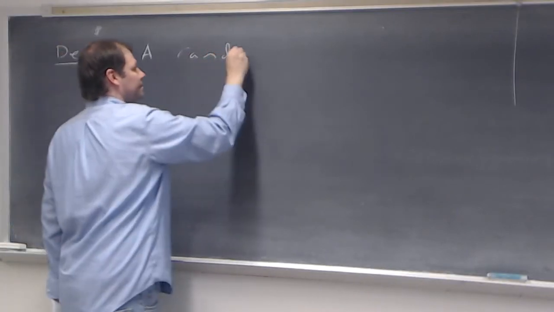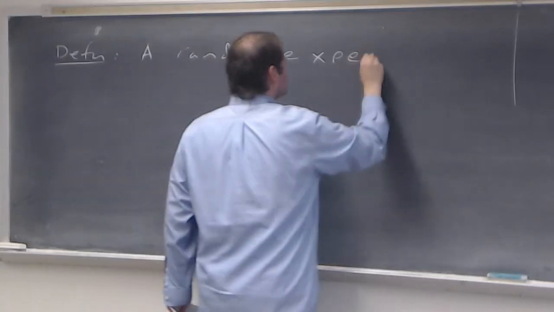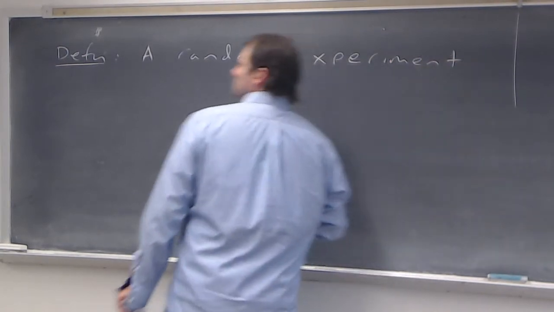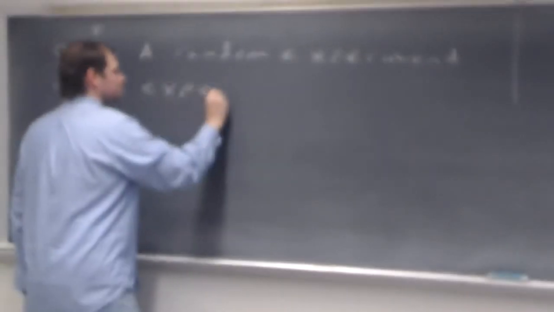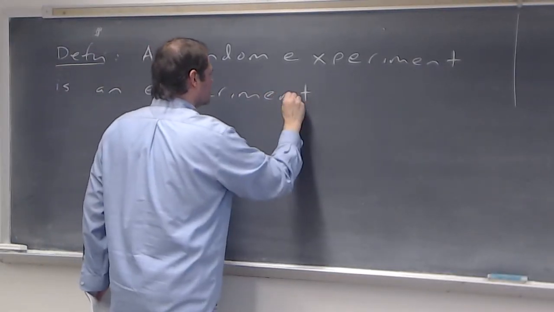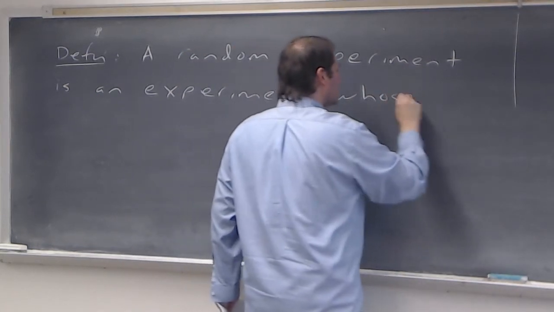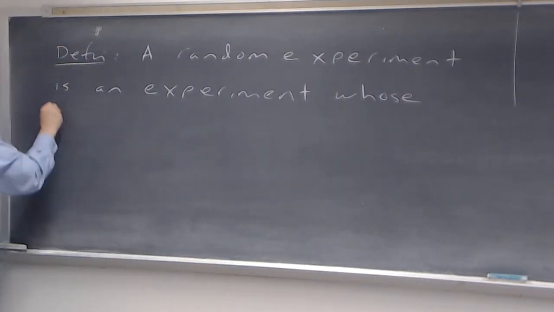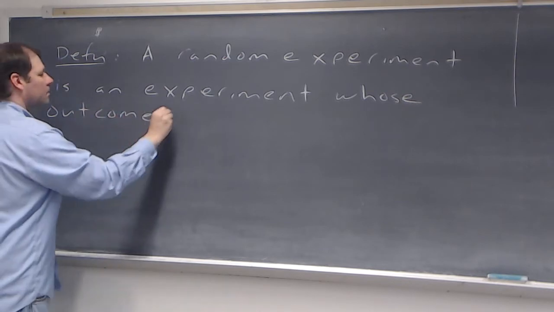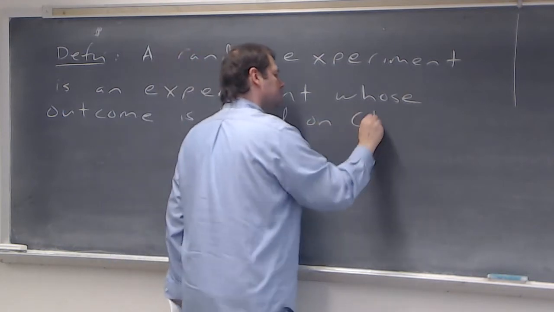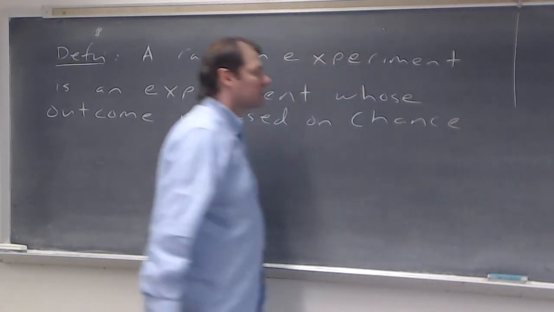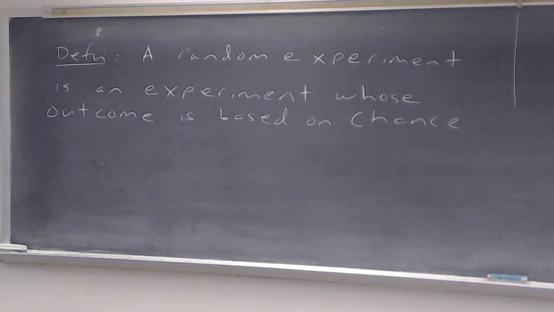A random experiment is an experiment whose outcome is based on chance. Now we might know what the possible outcomes are, but we don't know what the outcome will be for a particular trial of the experiment.